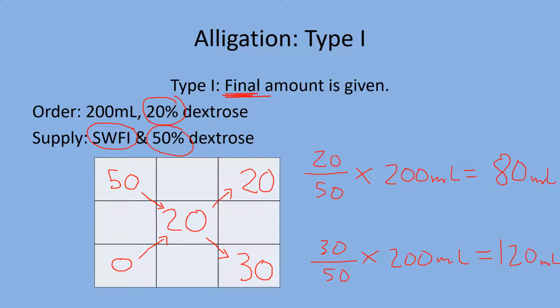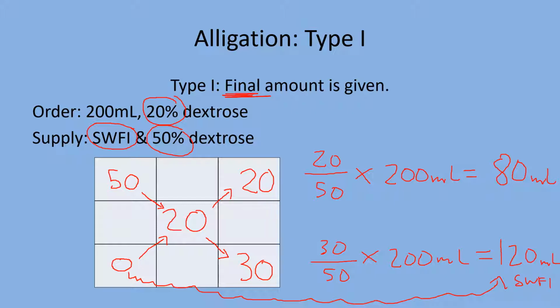All right. So, what is your total volume? 200 mLs. All right. How much SWFI did you use? Are you sure? How many mLs did you use? 120. Very good. So, yes, SWFI is 0%, but the volume you use is 120 mLs of SWFI.